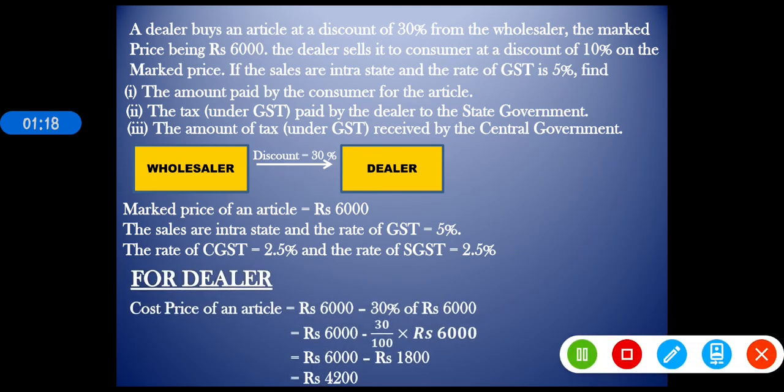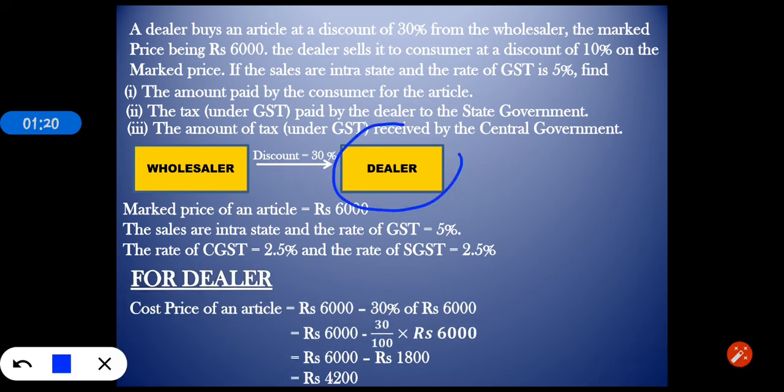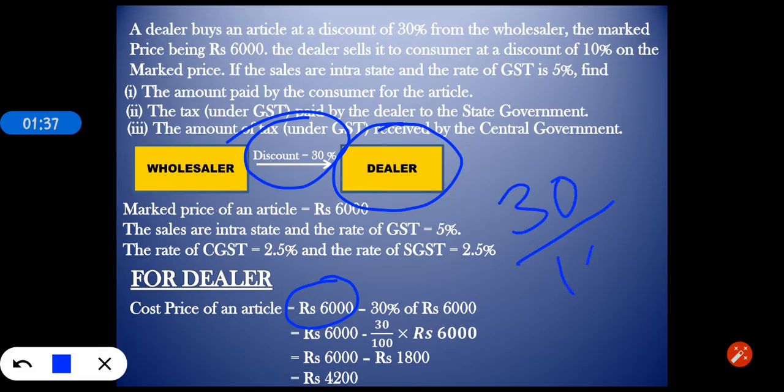The first part, for dealer, the cost price of an article is rupees 6,000 minus 30% of 6,000. Why is it minus? Because discount is 30%. So it's 30 divided by 100 into 6,000.